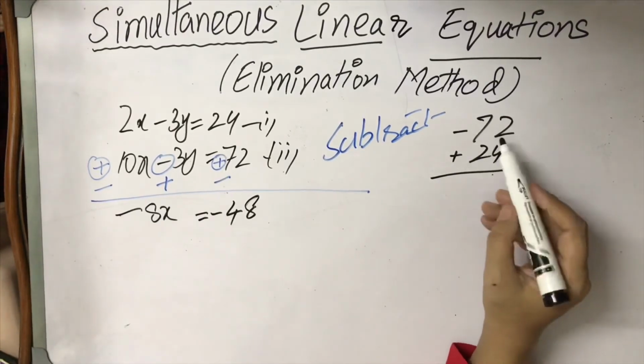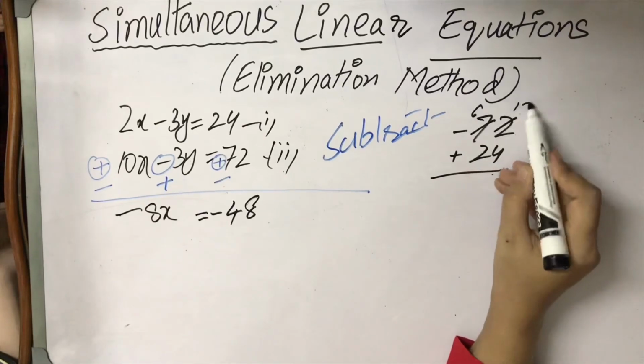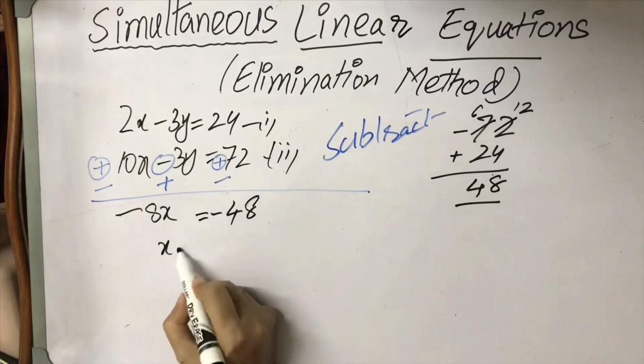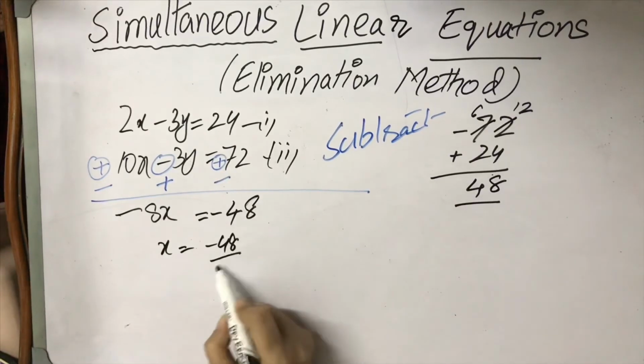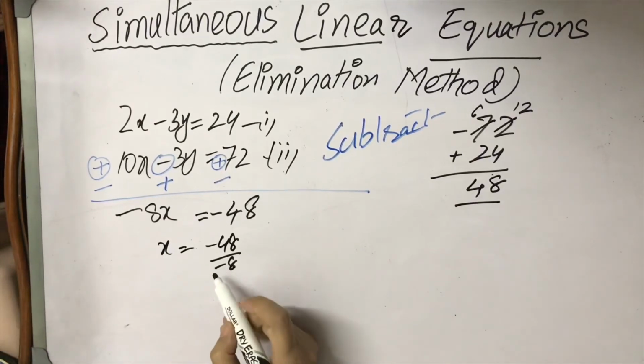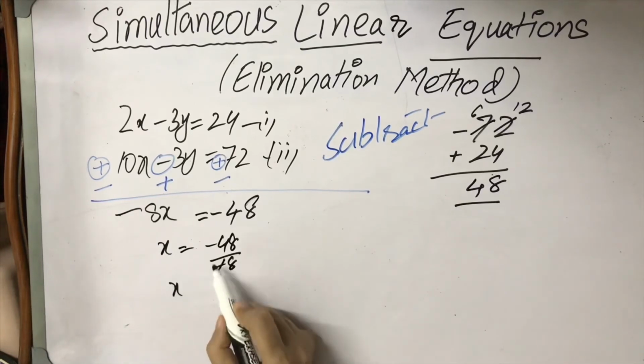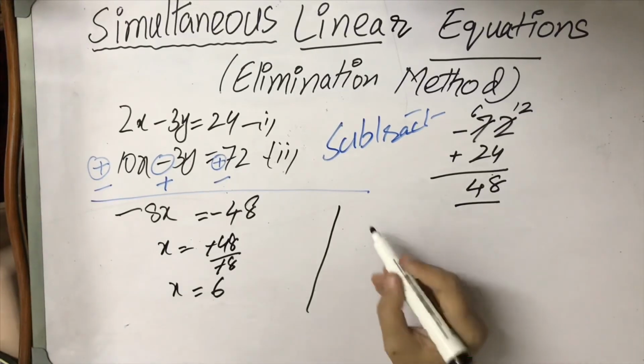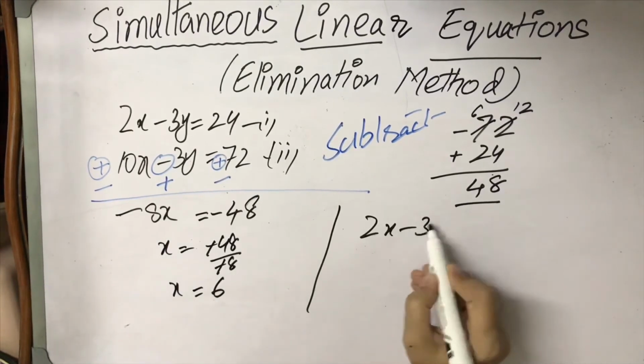We shall subtract. 12 minus 4 is 8, 6 minus 2 is 4. X equals to minus 48 over minus 8. Negative sign will cancel negative sign. 8 6s are 48.